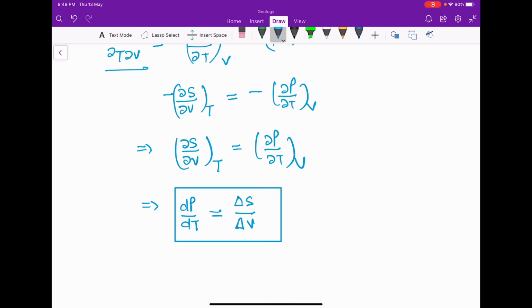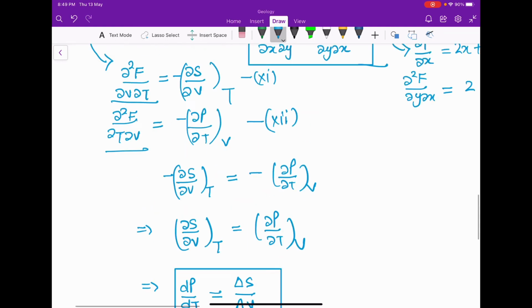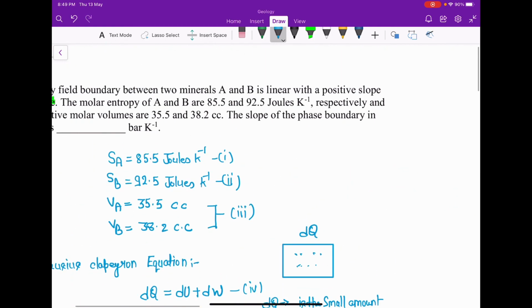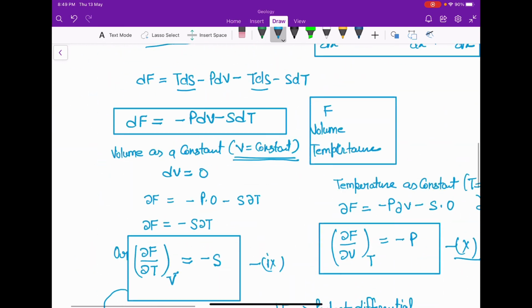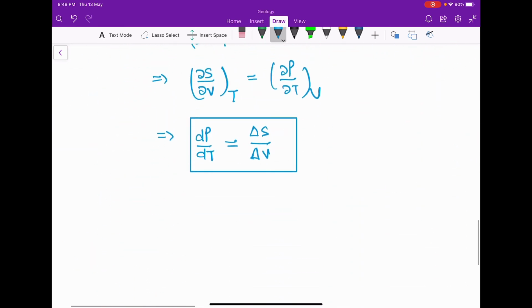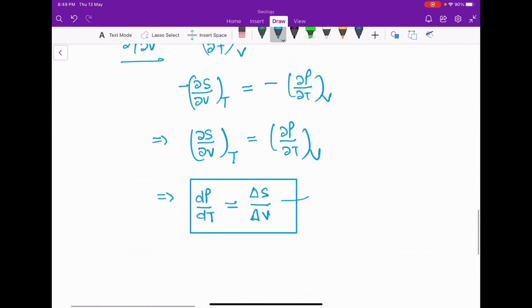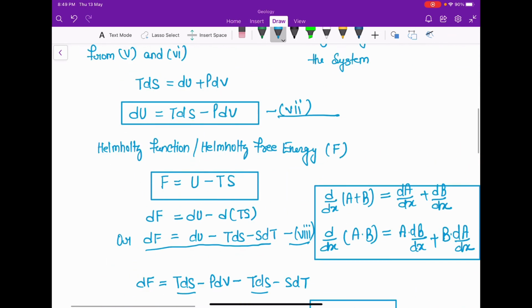So dP by dT, the slope, equals the ratio of change in entropy and change in volume. So this is your Clausius-Clapeyron equation.